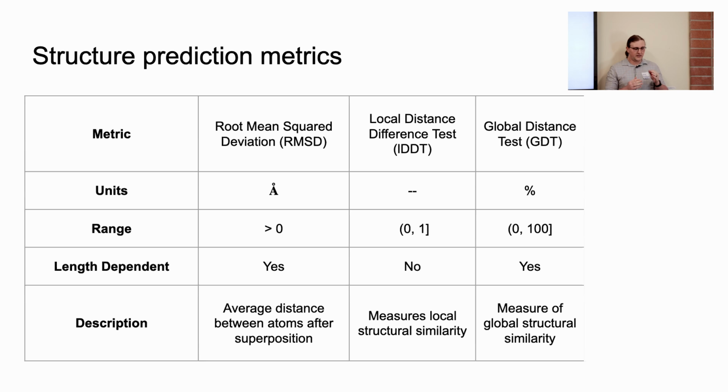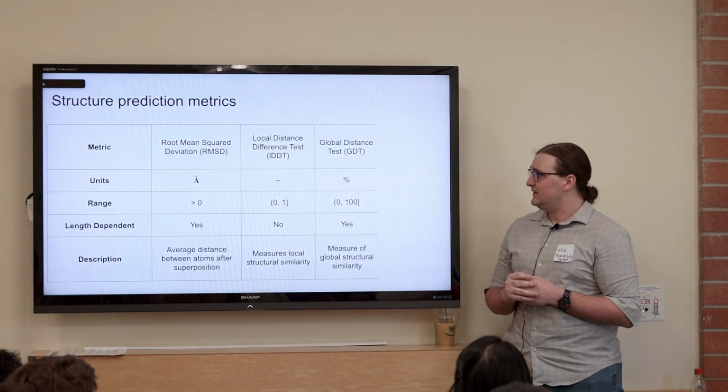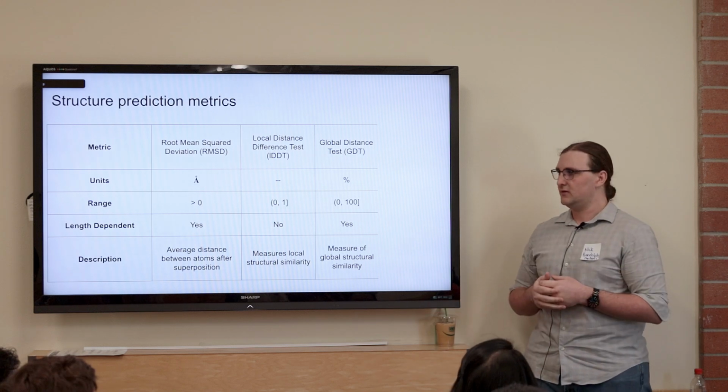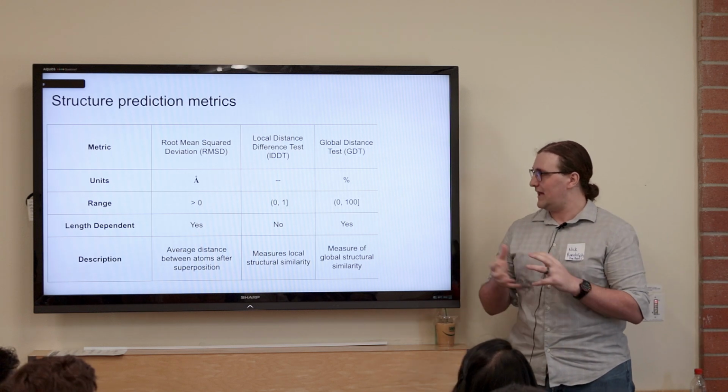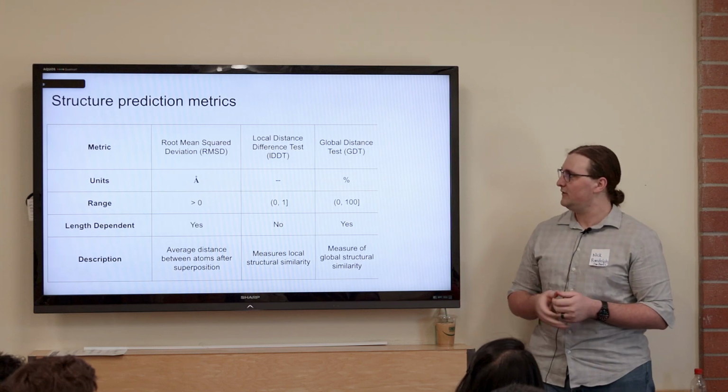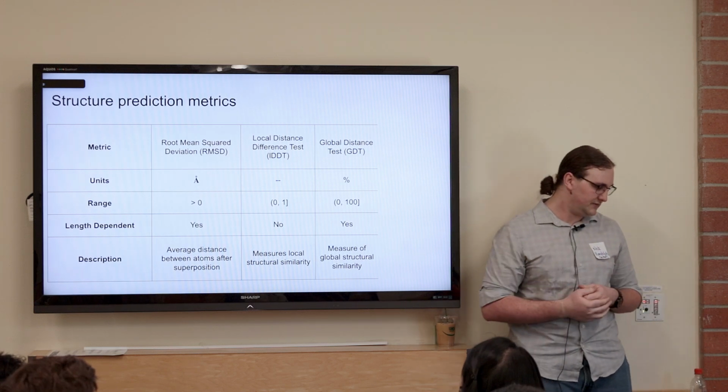It's more robust to deviations in really flexible loopy regions or the termini of the protein. It's typically a percentage and ranges from 0 to 100, with 100 being a perfect global alignment. It typically looks at only C alphas, but there are extensions to look at all atoms, including side chains.